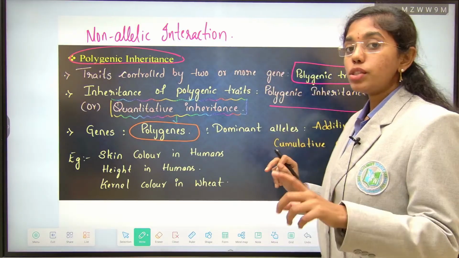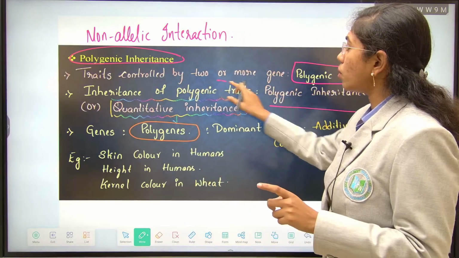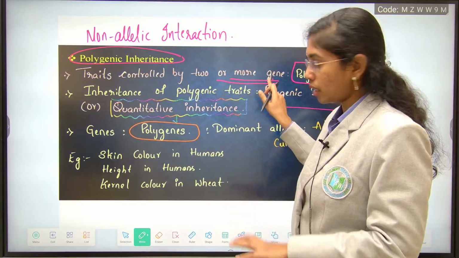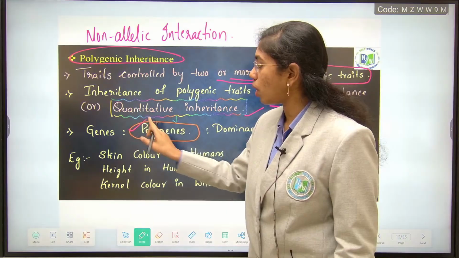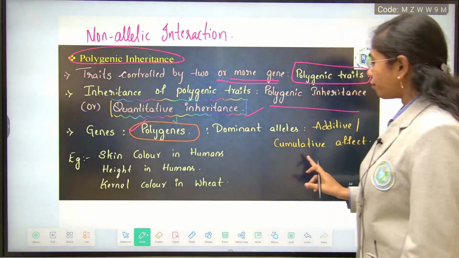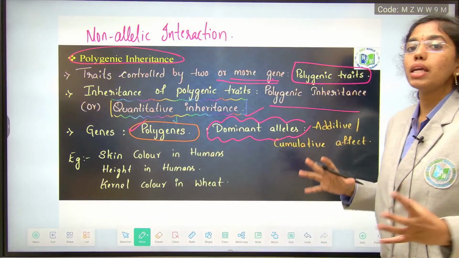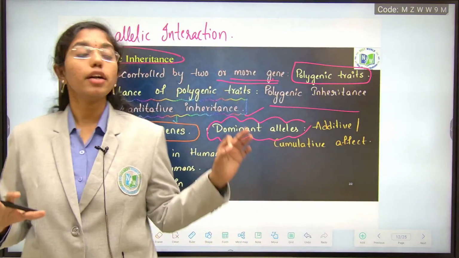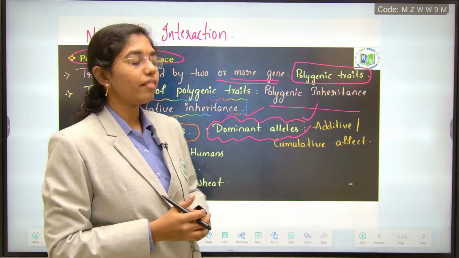Here one trait is controlled by two or more genes. This is also known as quantitative inheritance, and the genes involved are polygenes, of which the dominant alleles show a combined effect. Such an effect is known as additive effect or cumulative effect.